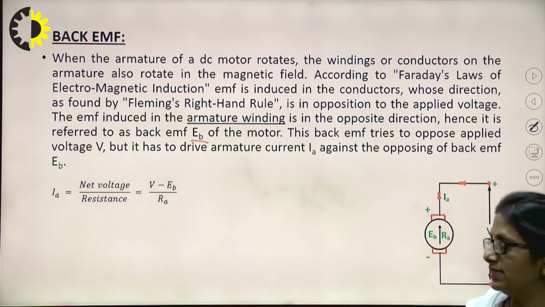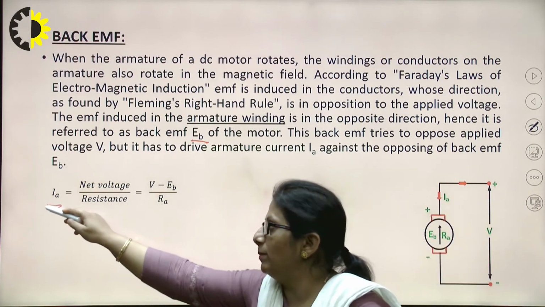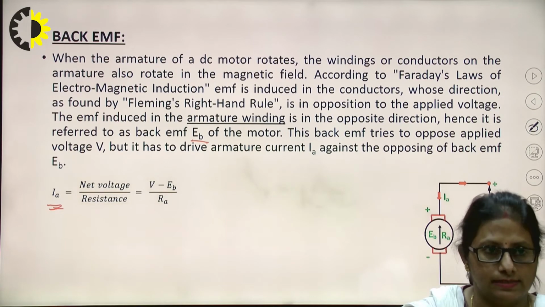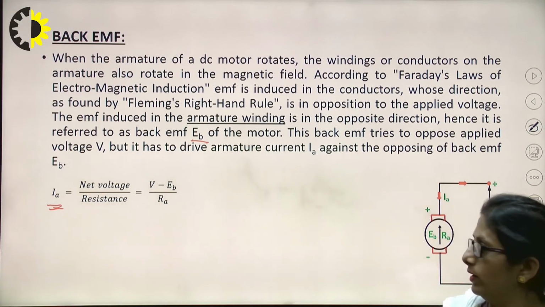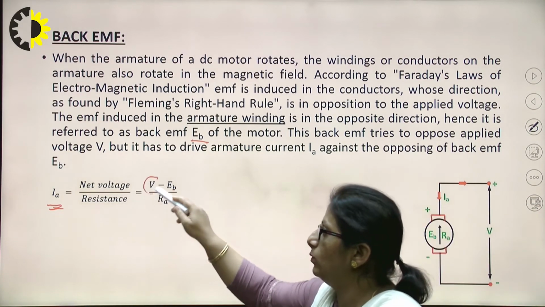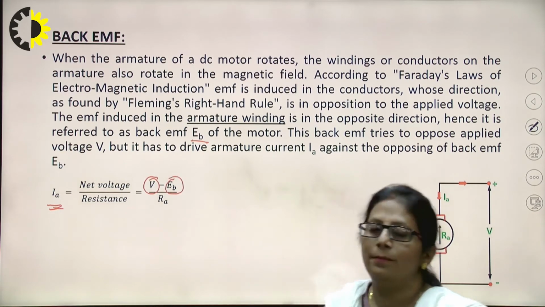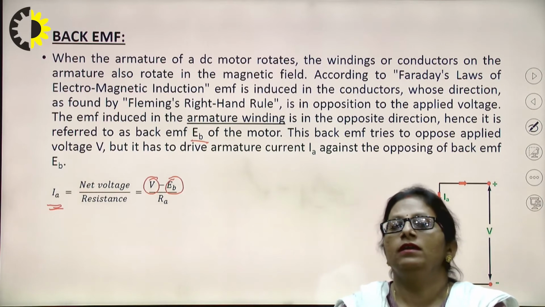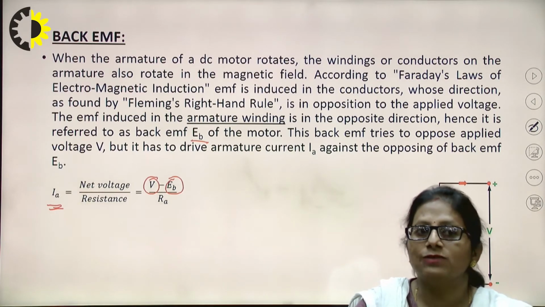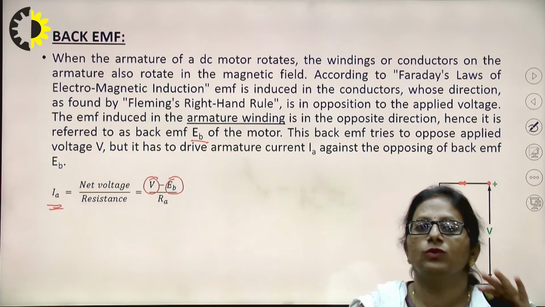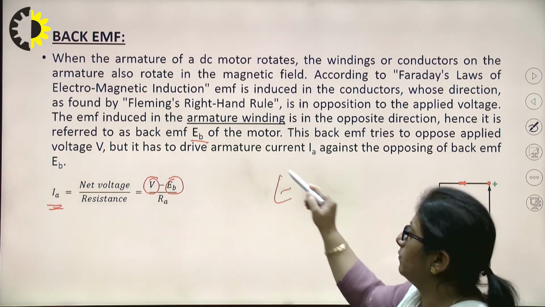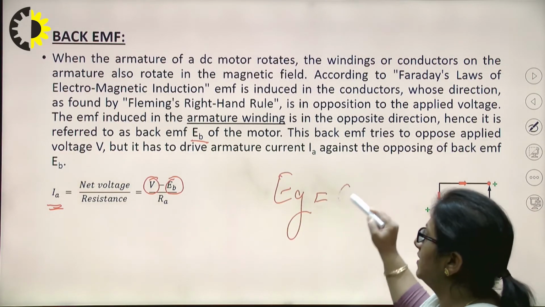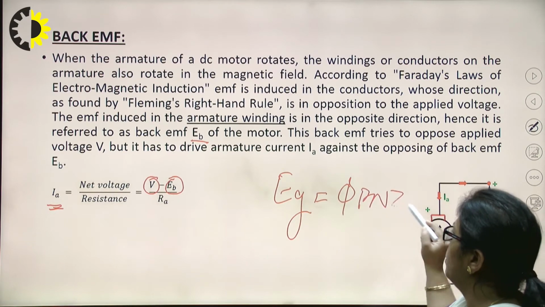That's why the armature current is given by the net voltage divided by the resistance. What is the net voltage we have here? Obviously, that is the supplied voltage minus the back EMF. The back EMF, the generated EMF, has the same formula and the same value as the generated EMF we derived in the case of a DC generator, given by phi P N Z by 60A.